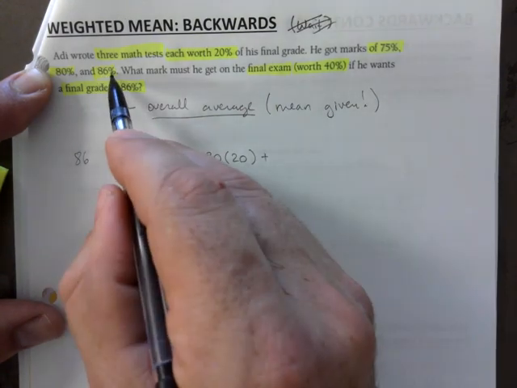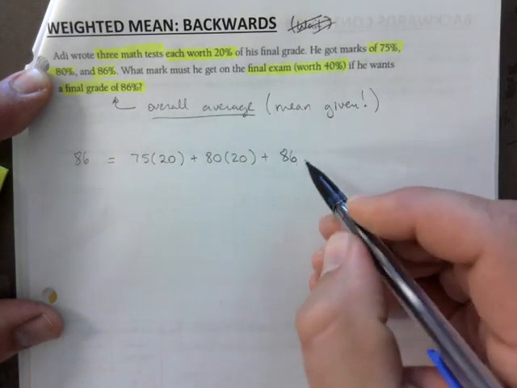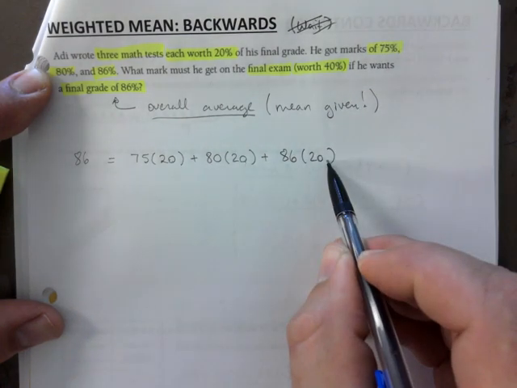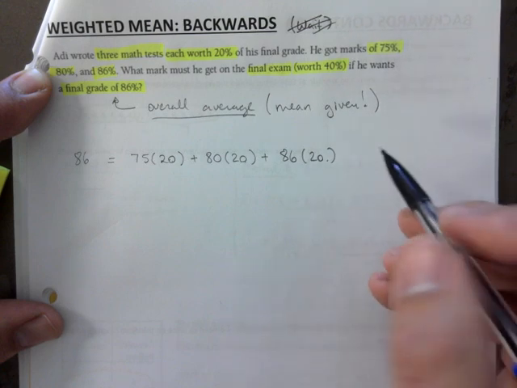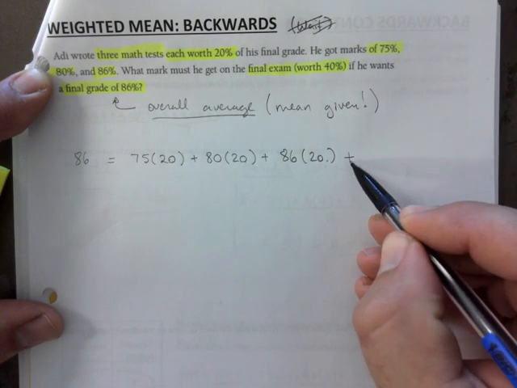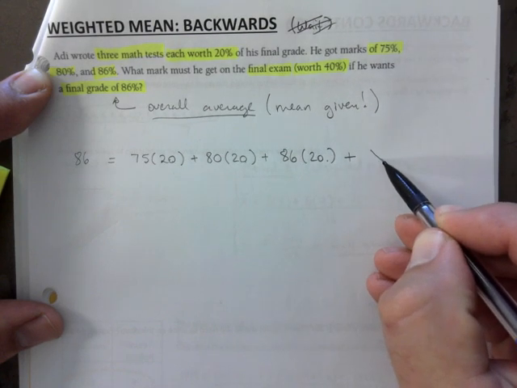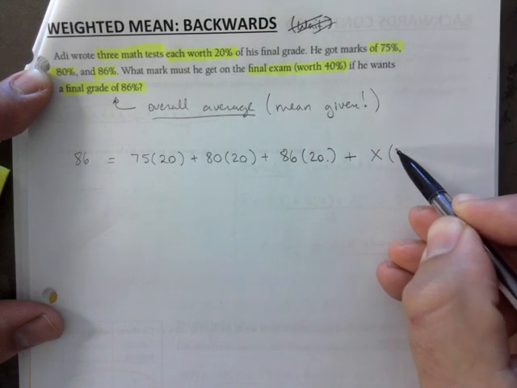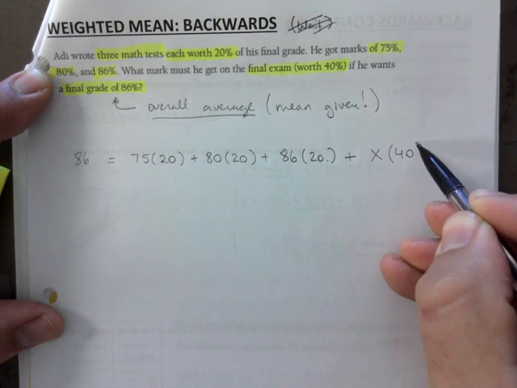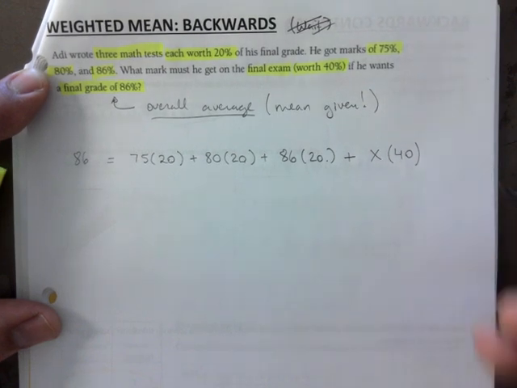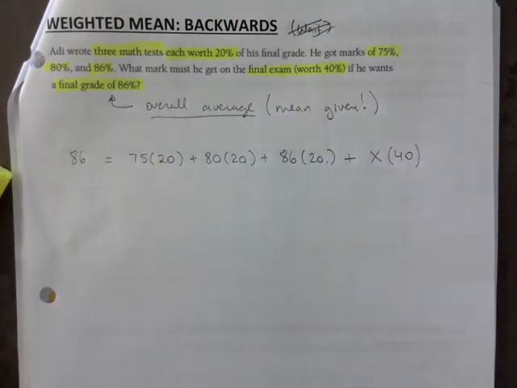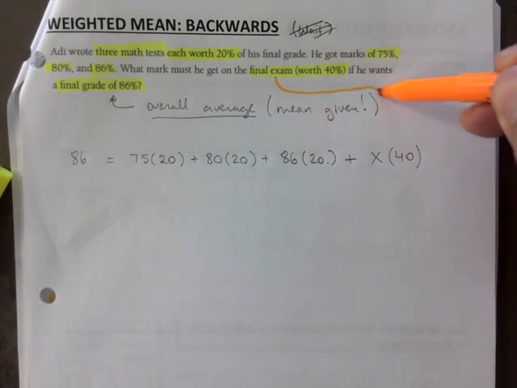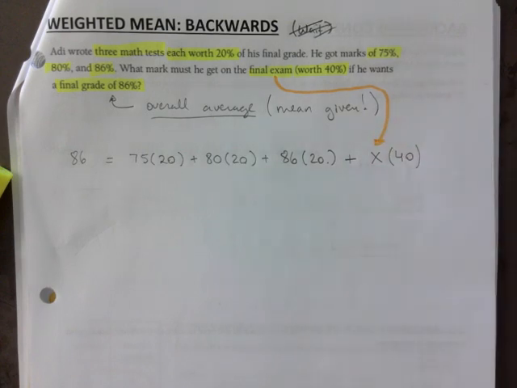The 86% test is also worth 20 because we're told every single test is worth 20% of the final grade. So now here's the kicker. What must you score on that final exam if it is worth 40%? Okay, so that's how you set it up. This is your final mark here. This is the final exam placeholder right there.